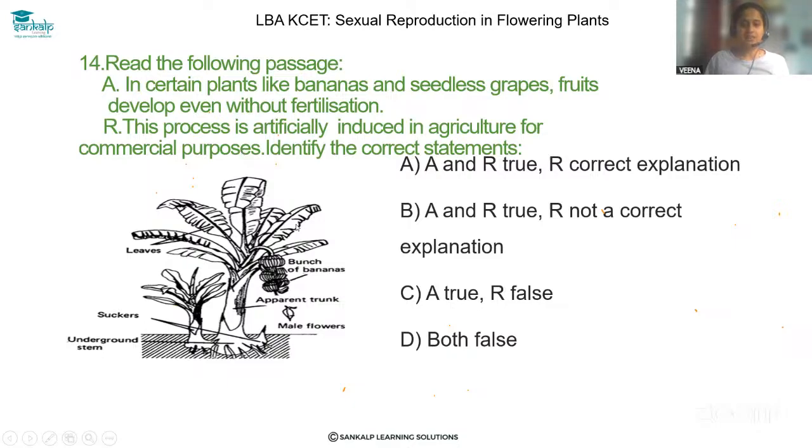Yes, as you know, seedless grapes and bananas have demand in the market. So that's why it is implemented in agriculture for the commercial purpose. So both the assertion and reason are true here. So the final answer is A. A and R are true, and R is the correct explanation.